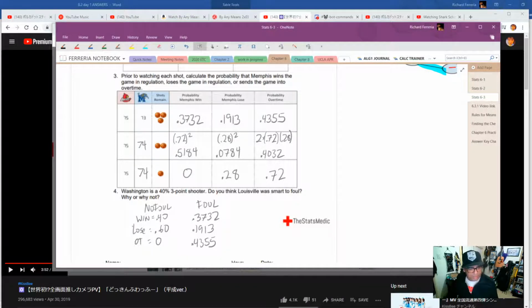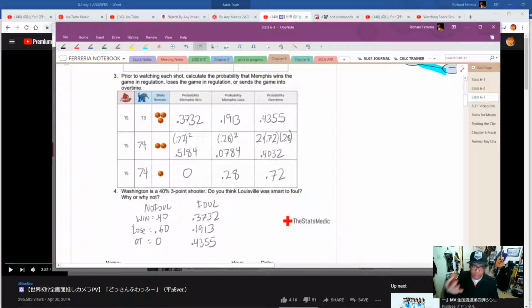And let's see, if you're Louisville and you see these numbers, it looks like Louisville had a better chance of winning if you don't foul them. So the chance of Memphis winning if you don't foul is 0.4, and the chance of Memphis winning if you do foul is 0.37.